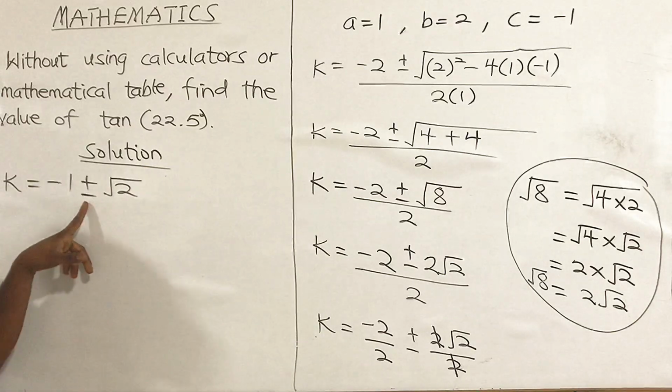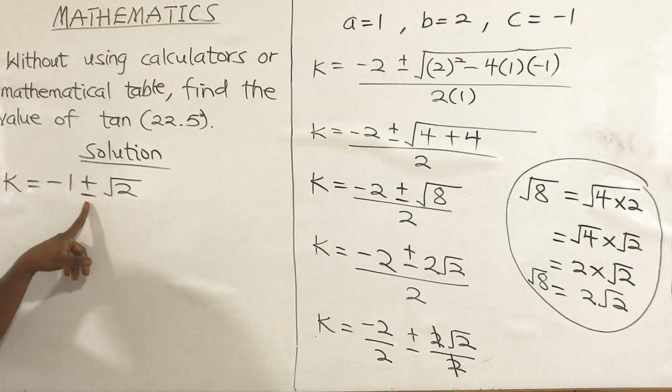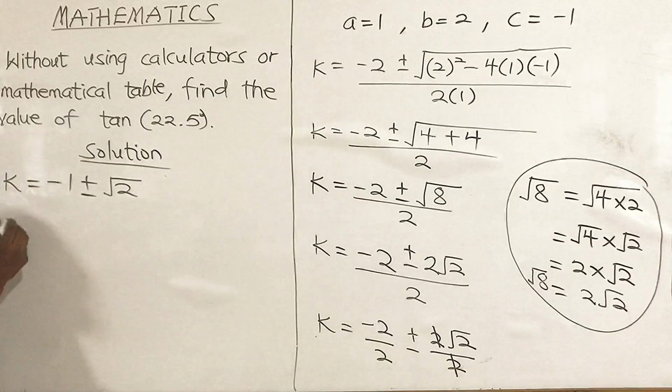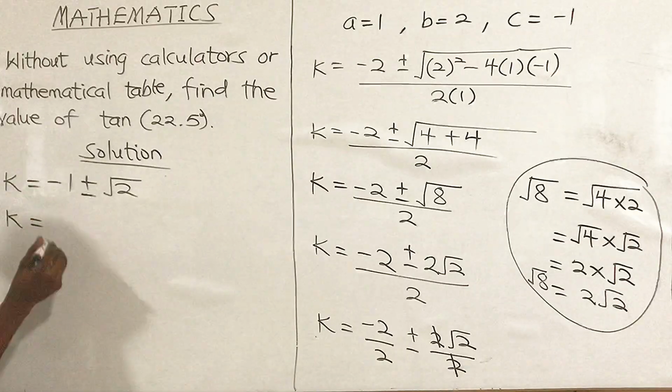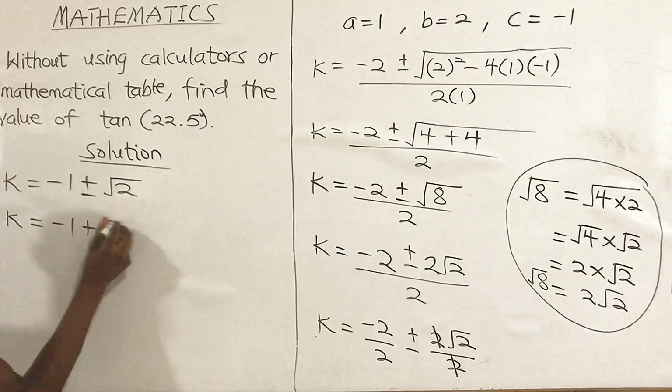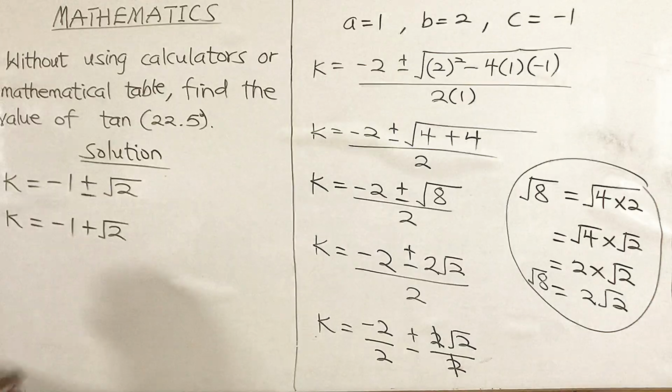Because of the plus or minus, we can see that over here, the answers for the k are going to be 2. So we have k is equal to negative 1. Then I'll take one of the signs, which is plus root 2.